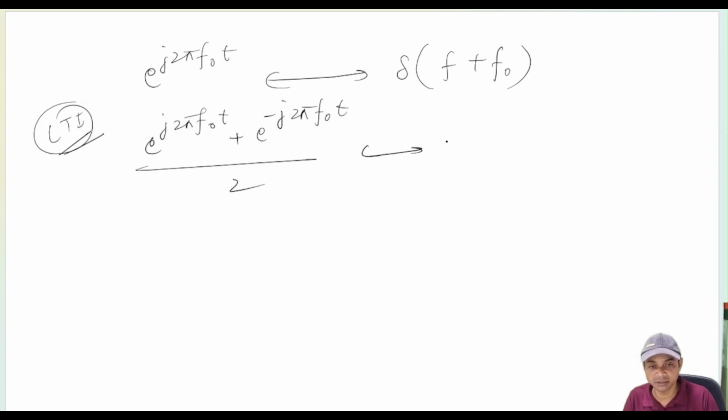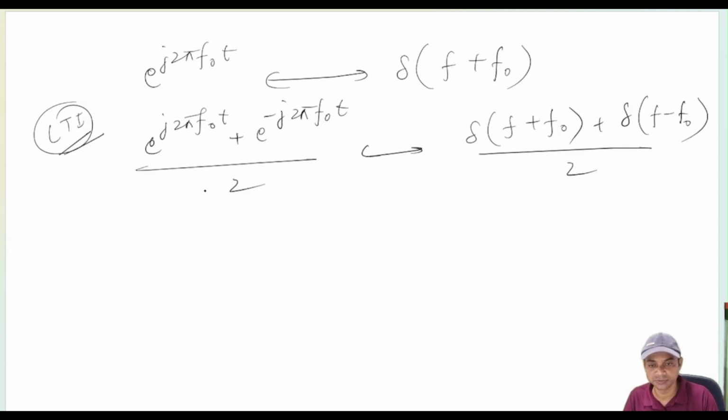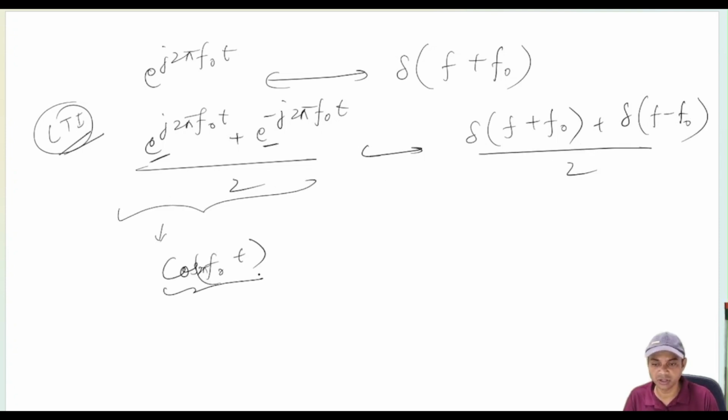Then on the right hand side, what will we get? Delta f plus f naught plus delta f minus f naught, divided by 2. And what is this? Cos 2 pi f naught t. For cos 2 pi f naught t, our Fourier transform is 1 by 2 into delta f plus f naught plus delta f minus f naught.